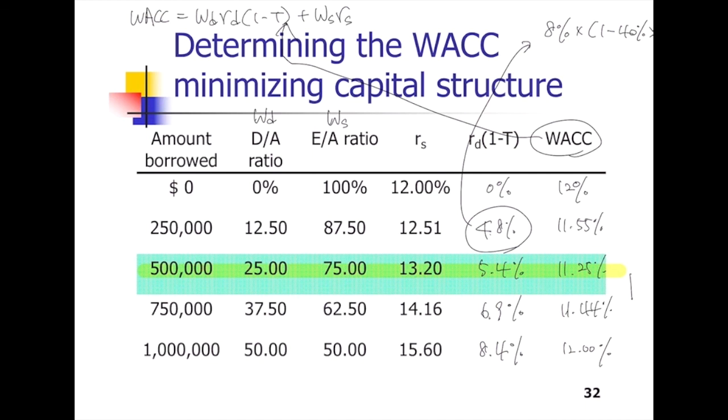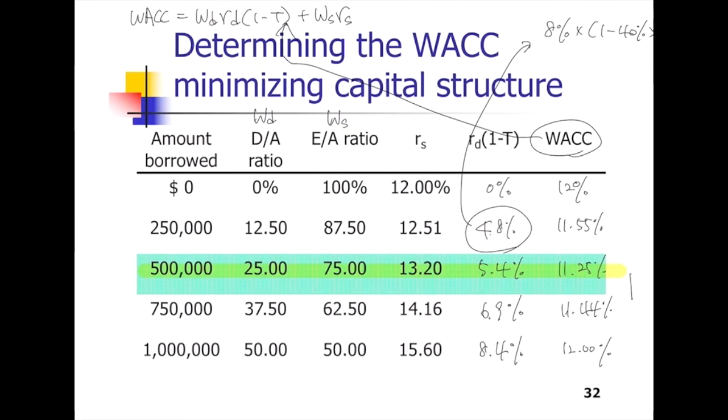Using this table, you can draw a graph. If you draw a graph, you get this weight of debt on the x-axis. The y-axis is the weighted average cost of capital. As you can see, when the firm has zero debt, it means the firm has 100% equity.